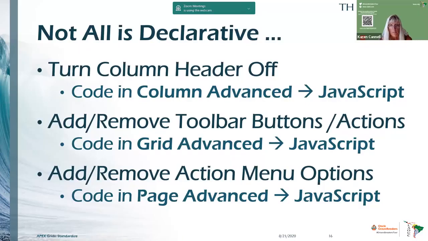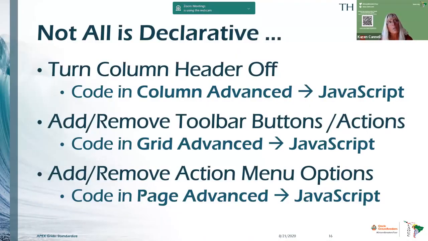If it's for toolbar buttons, it's in the grid attributes advanced JavaScript, and if it's for the action menu, then I actually go in the page advanced JavaScript. So now you're going, oh, wait a minute, Karen, you said code, but you really mean like JavaScript code. And yes, in fact, all these customizations are JavaScript. And for anyone getting a little nervous, don't worry, because as you will see, it's very easy.